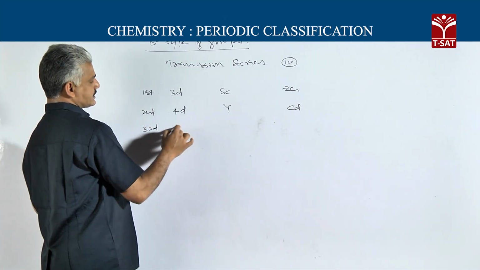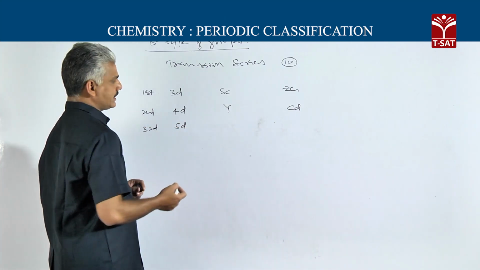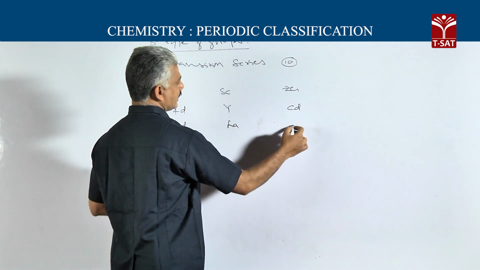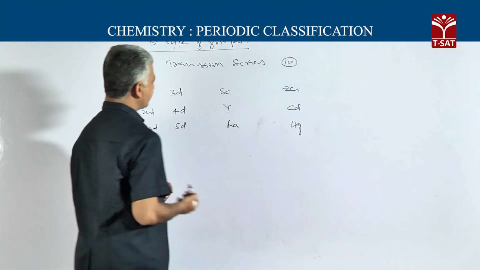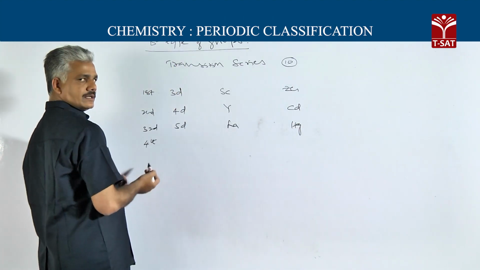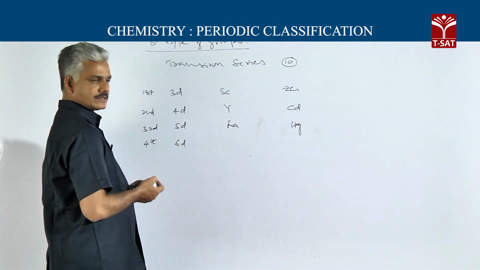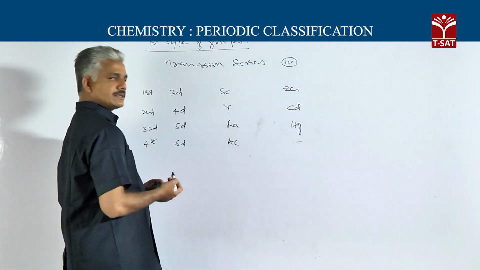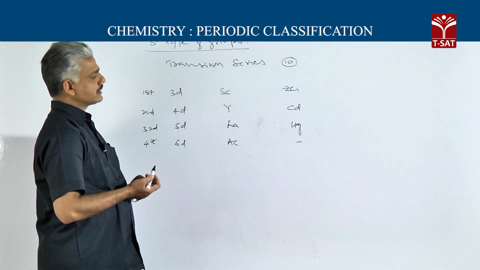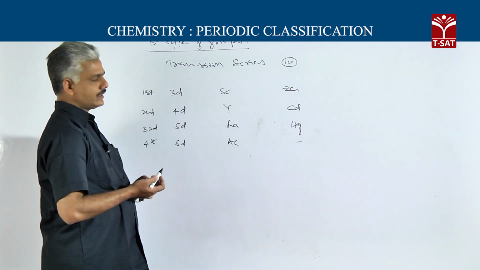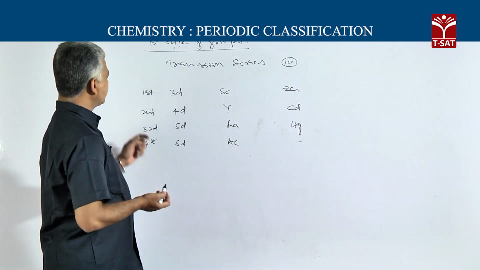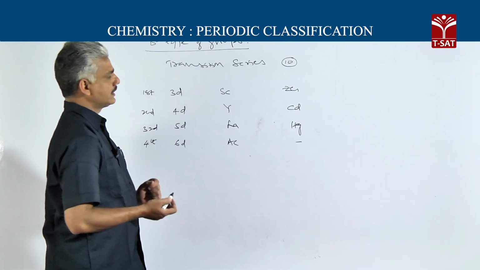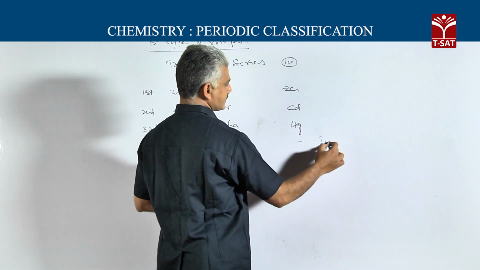The third transition series, also called the 5d series, begins with lanthanum and ends with mercury. The fourth transition series, also called the 6d series, begins with actinium and ends in the middle itself, because some of the elements are yet to be discovered. That is why this fourth transition series is also called the incomplete transition series.